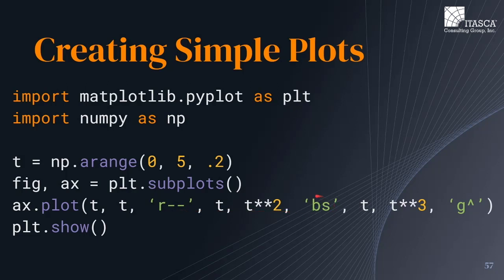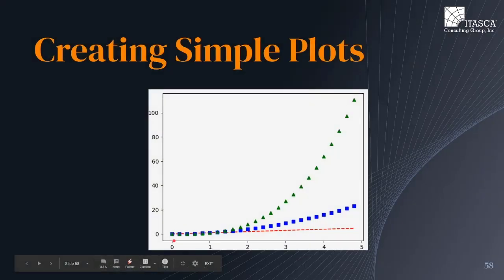The second string argument specifies that this second plot should be blue squares. And this final argument specifies that the final plot should be green triangles. That's how you can specify the styling of your plots using these string arguments. If we look at this plot, we can see that t is plotted as a red dashed line, t squared as blue squares, and t cubed as green triangles.